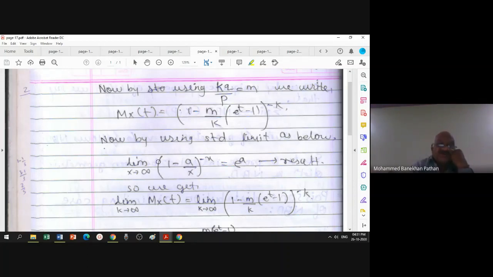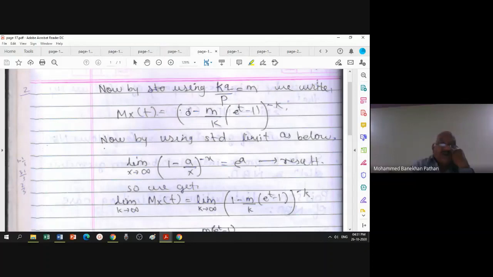So if you have a function like this, where the bracket changes with the power, it is called an exponential limit. The answer of this is e raised to small a that comes from here. Very important, remember this result. Compare this with this.